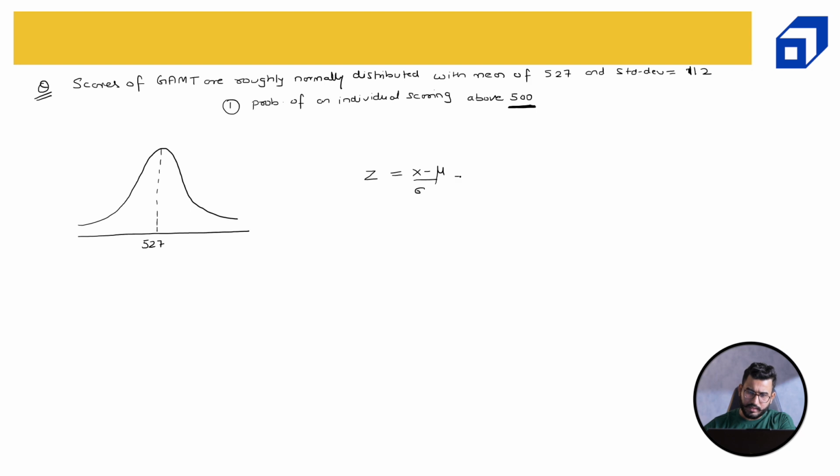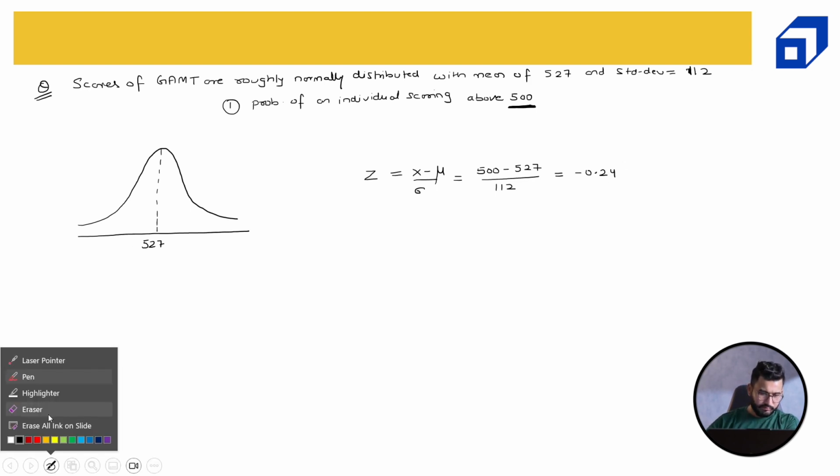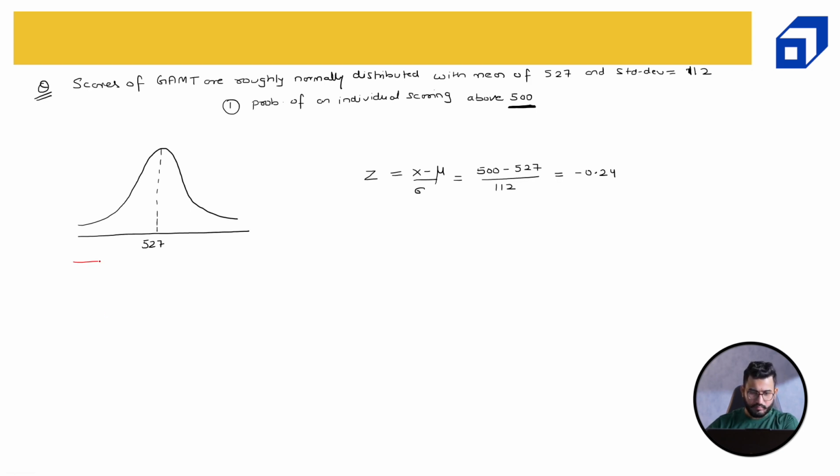X is 500, the value to be scaled, minus mean 527, divided by 112, which will be minus 0.24. So if I consider the Z scale, this value will be 0 and minus 0.24 is over here, below the mean.